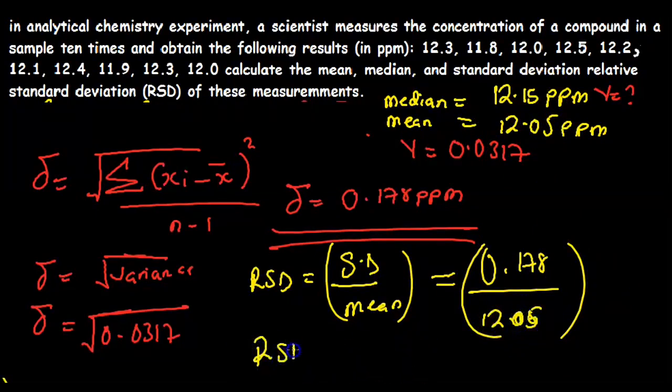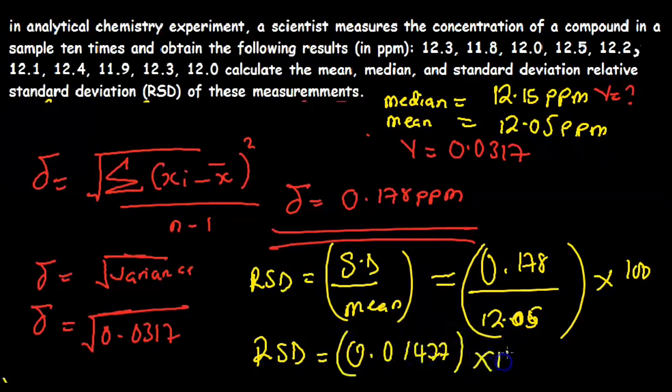Remember, we are going to multiply everything by 100%. If you divide 0.178 by 12.05, this is simply going to give you 0.01477. If you multiply everything by 100, your RSD is simply going to be 1.48%. And this is it for this problem.